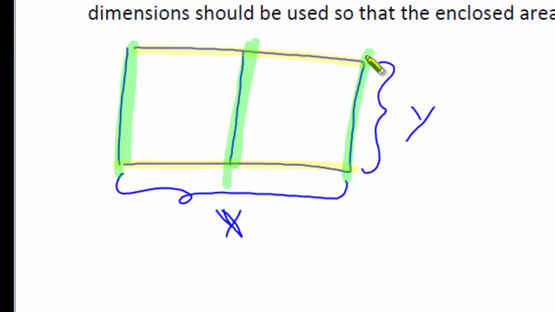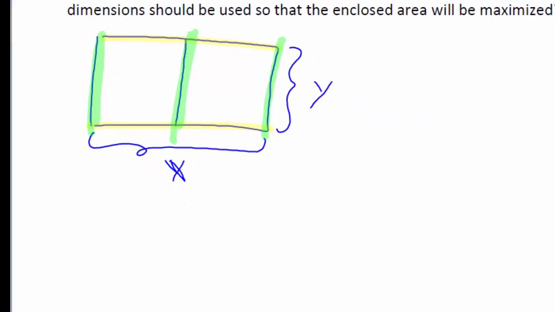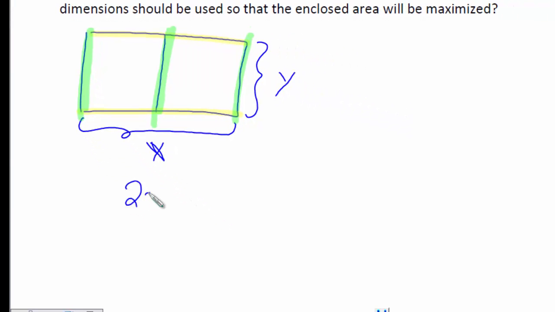So I can make an equation that looks like 2x plus 3y equals 200. That's going to meet my conditions for the amount of fencing. We're going to use 200 feet of fence, and I need to get two sides of length x and three sides of length y from that 200 feet of fencing.